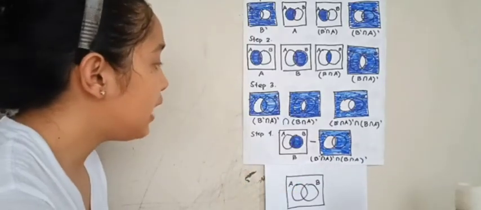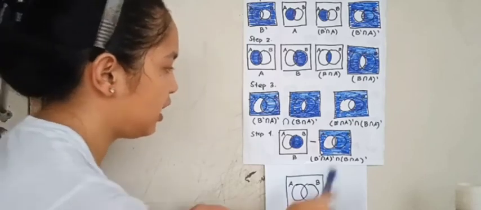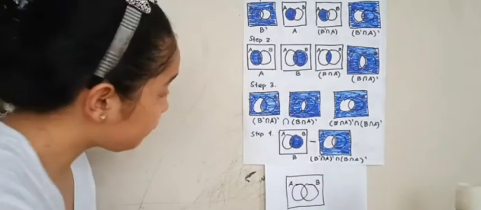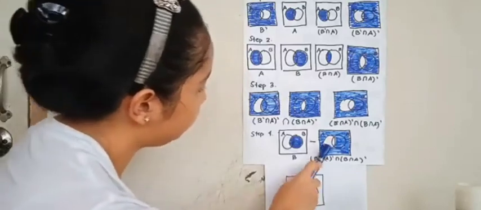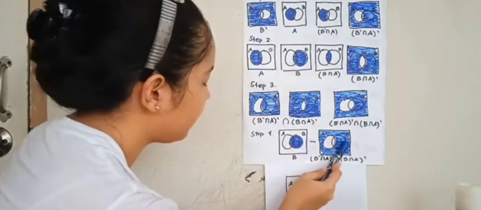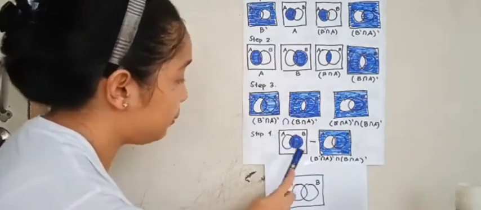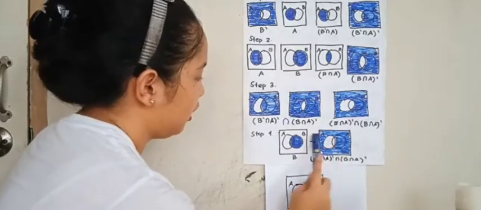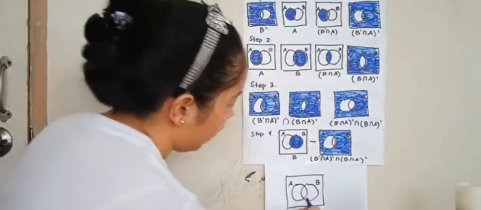So what is in B but not in this region, in this Venn diagram? So let's find. So this is what is in B but not in this Venn diagram. So here, we need to shade here.